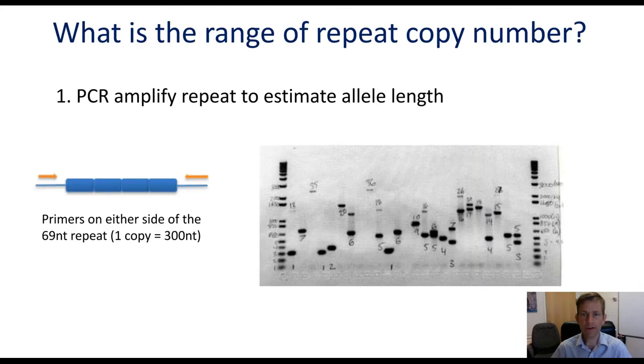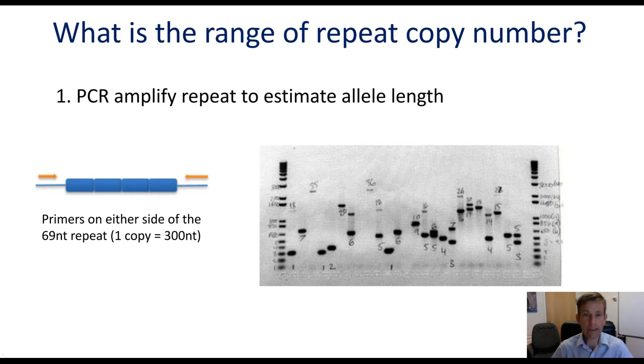But we were also interested in whether this is a risk factor in ALS beyond just the family. To do this, we were curious to look at individuals with sporadic ALS in large cohorts and try to identify the repeat size to see if we could find additional individuals with high repeat copy number.